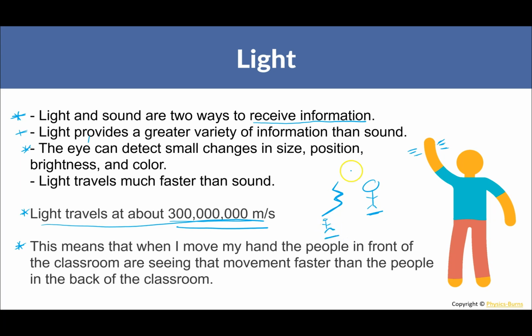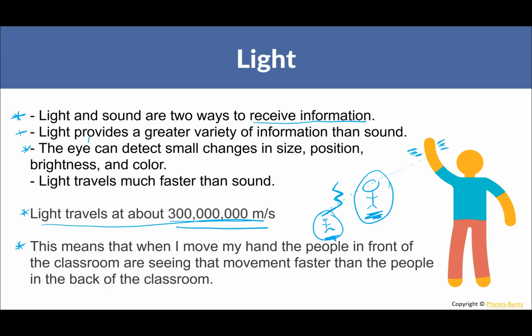However, that's not exactly true. When the hand is moved, it takes a while for that motion to be received by the other people. So this person here is going to see the hand being moved before this person in the back. It's only slightly before, because light travels so fast, but they will see it first because they are closer.